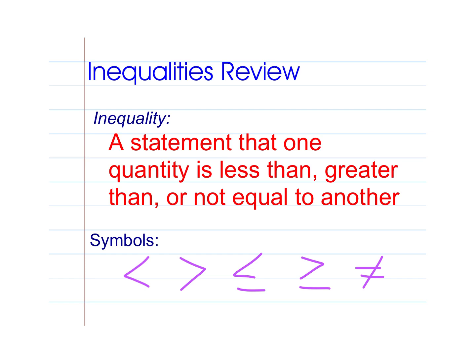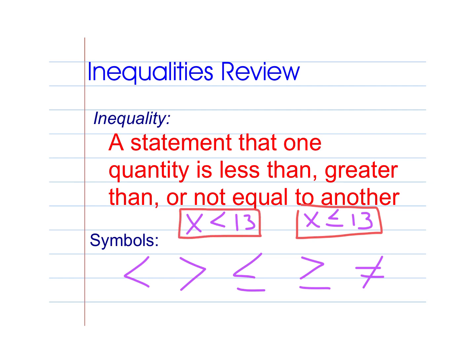There is a difference between saying x is less than 13 versus x is less than or equal to 13. This one on the right is saying that 13 is one of the possible answers, whereas when we say x is less than 13, 13 is not an answer.